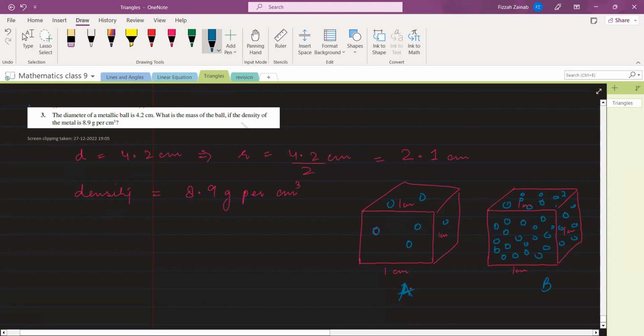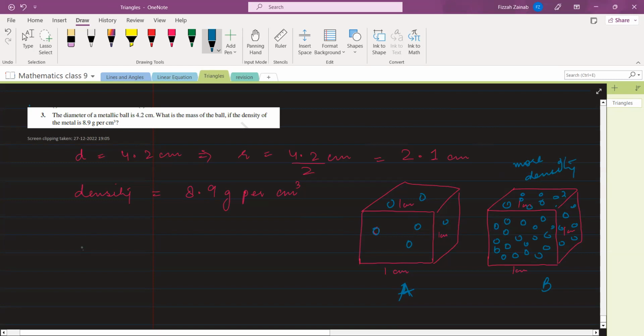Like in the same volume, very less mass is present. And in box B, the volume is exactly the same, but more mass is present in that space. Clear, Zeba? Yes, ma'am, the space is same, but the amount of mass is more. So we say this has more density, I mean, it's more dense. And this is less dense, box A.